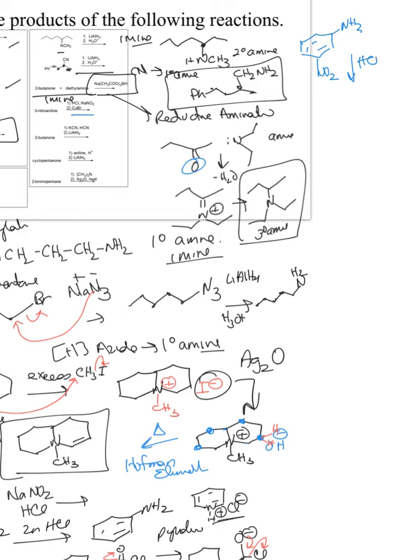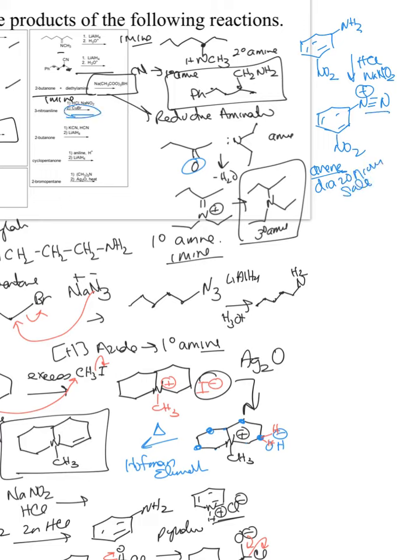HCl and sodium nitrite forms the arene, should be nitro there. With the amine, it forms a triple bond nitrogen. This is the arene, the aromatic ring, diazo, because 2 nitrogen, diazonium salt.